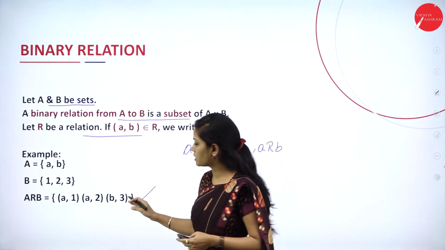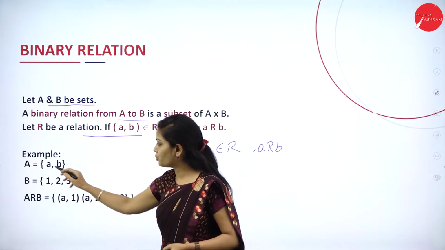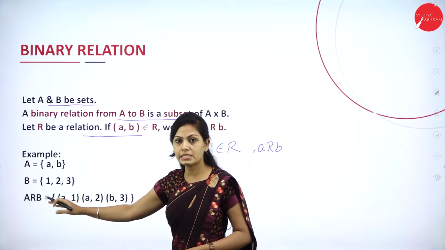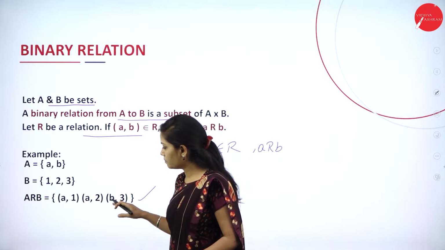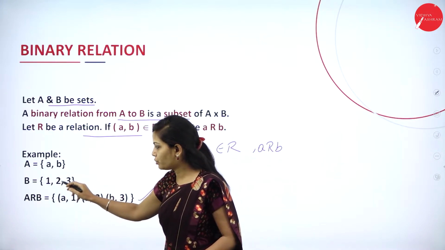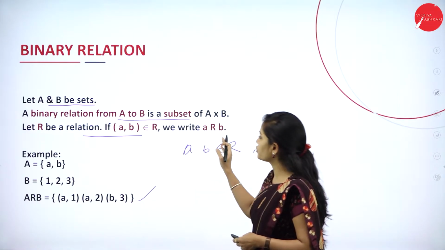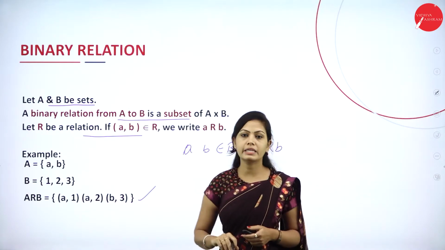Yes, of course, this is a subset of A cross B. So here I have a1, a2, a3 and b1, b2, b3. In the next step, we have aRb with some elements a1, a2, b3. a1 is there, a2 is there and b3 also is there. So aRb is a subset of A cross B also. This is called a binary relation.